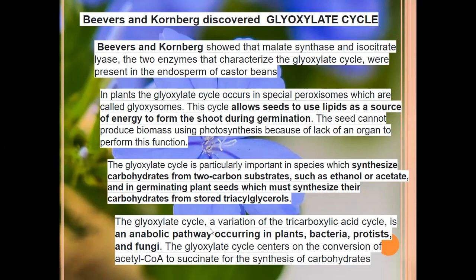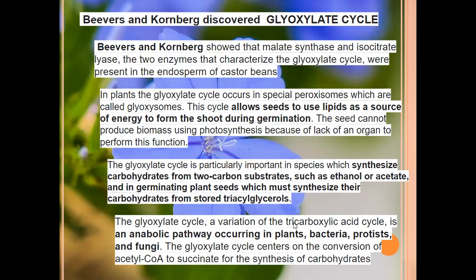The glyoxylate cycle, a variation of the tricarboxylic acid cycle, is an anabolic pathway occurring in plants, bacteria, protists, and fungi. It centers on the conversion of acetyl coenzyme A to succinate for the synthesis of carbohydrates.